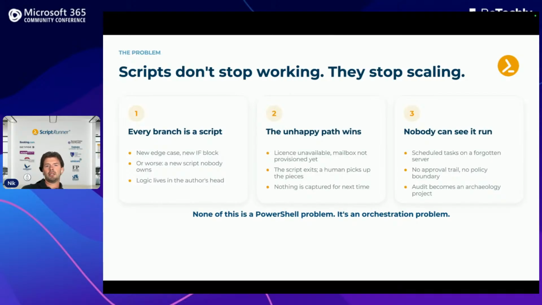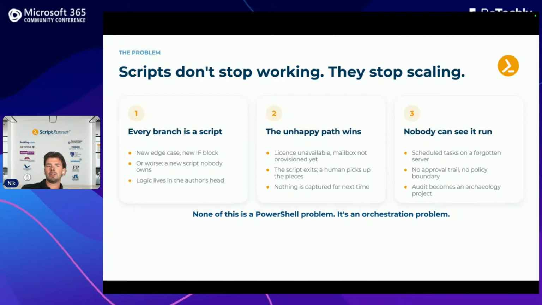But in reality, 10 to 20% is always the unhappy path. Let's say you want to provision a license which is unavailable, or a mailbox not provisioned. There is something completely unexpected that you haven't thought of. And it's very important when you plan for those automations to always keep in mind a strategy for those unexpected things, such as error handling, notifying your support team, and so on.